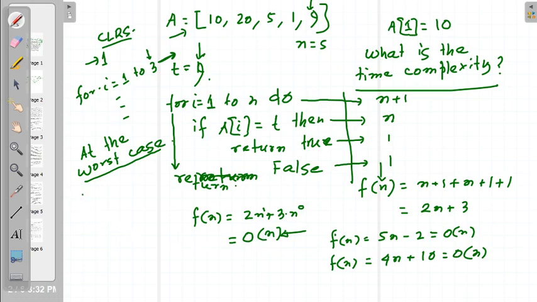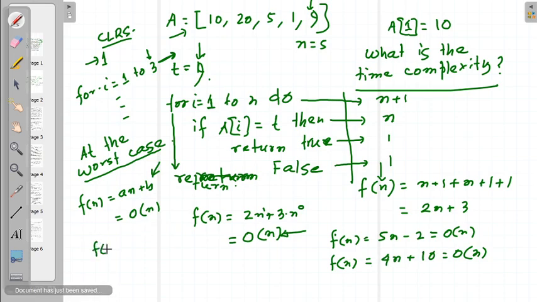So we can say that anything in the form of an plus b is boiling down to order of n, and depending on a and b, it may so happen that it is coming 2n plus 3 or 5n minus 2, or 4n plus 10, and so on, okay? So this is of the form, right?